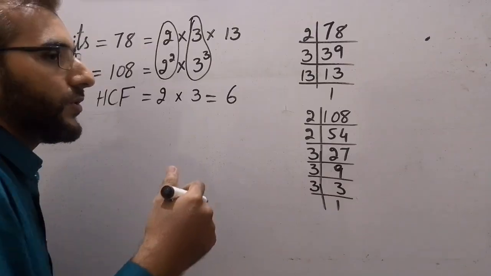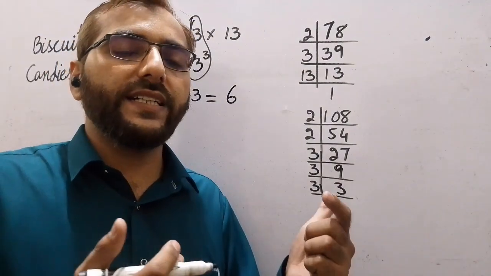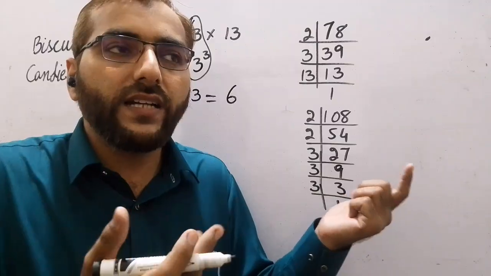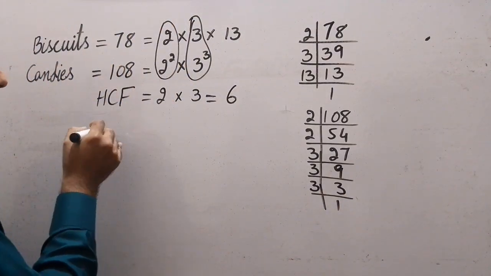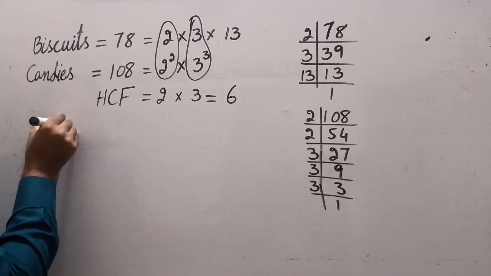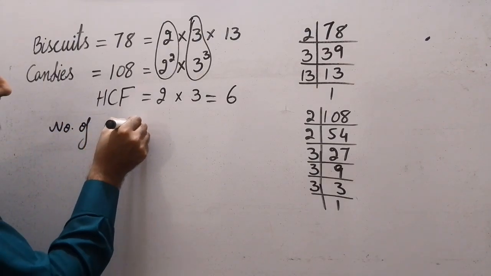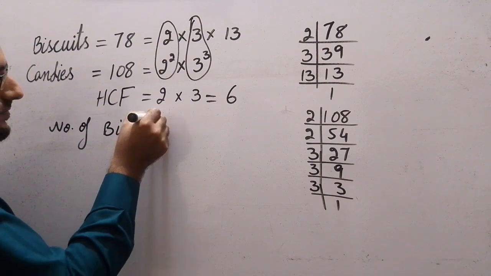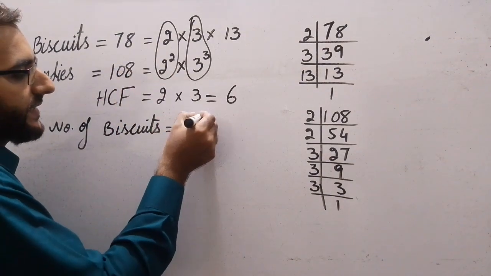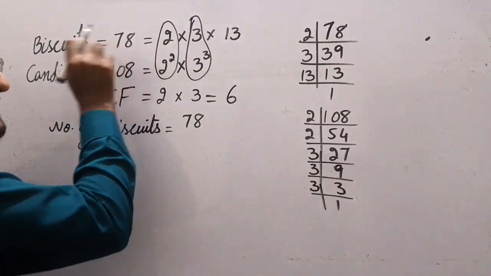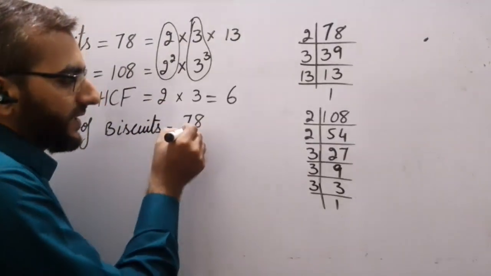Now we have to find how many candies and biscuits we can pack in one bag. The total number of biscuits is 78 and we have to pack them into the 6 bags.